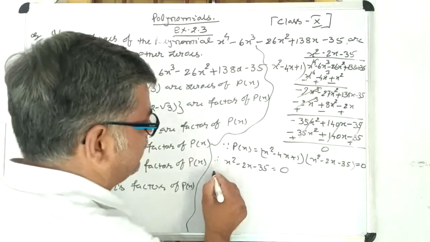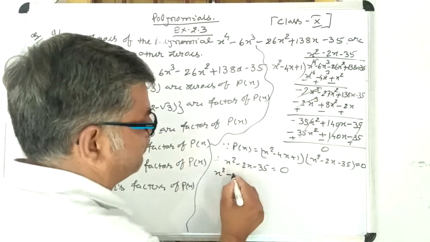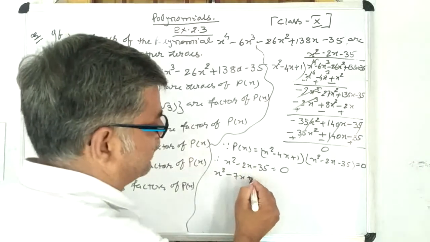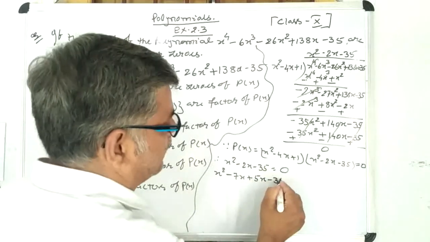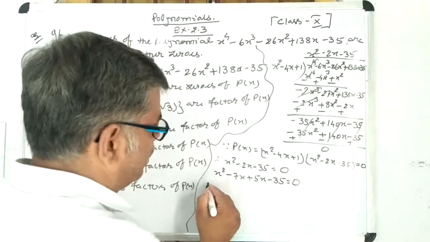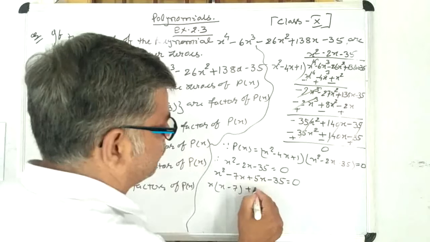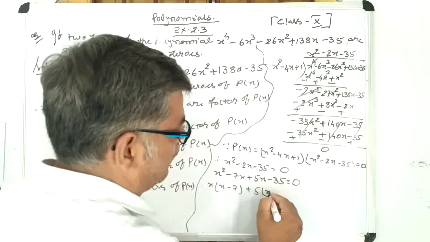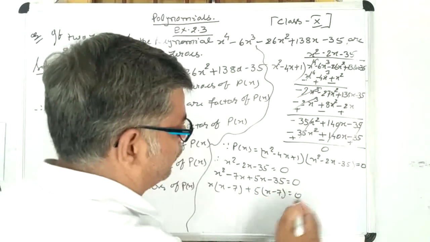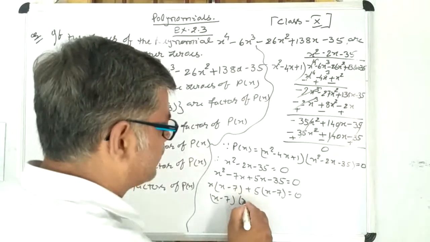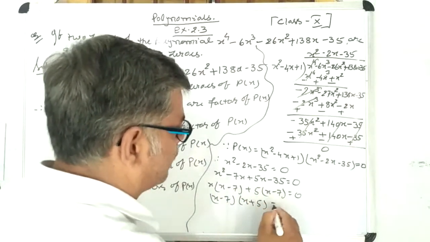Now by factorization, x square minus 7x plus 5x minus 35 equals 0. Taking x common, x minus 7 and 5 common, x minus 7 equals 0. So you have (x minus 7) into (x plus 5) equals 0.